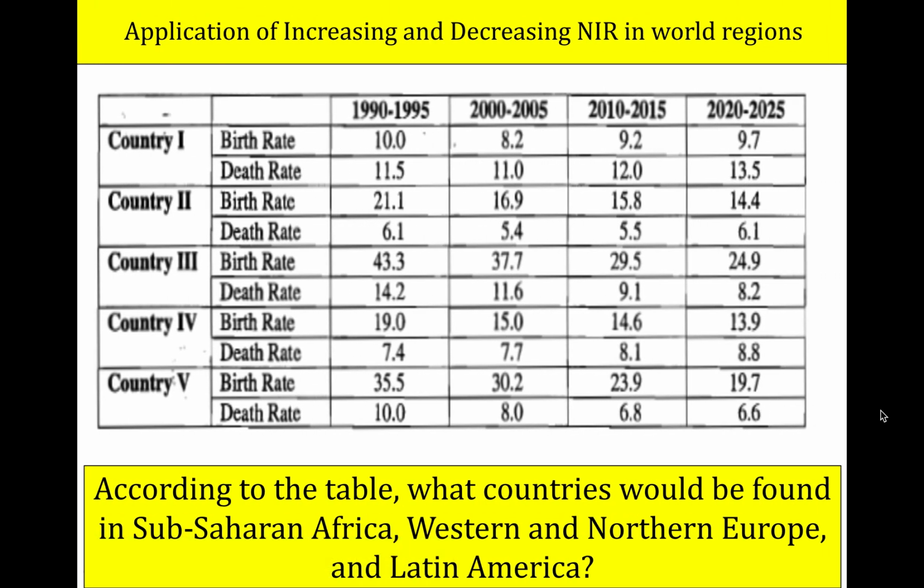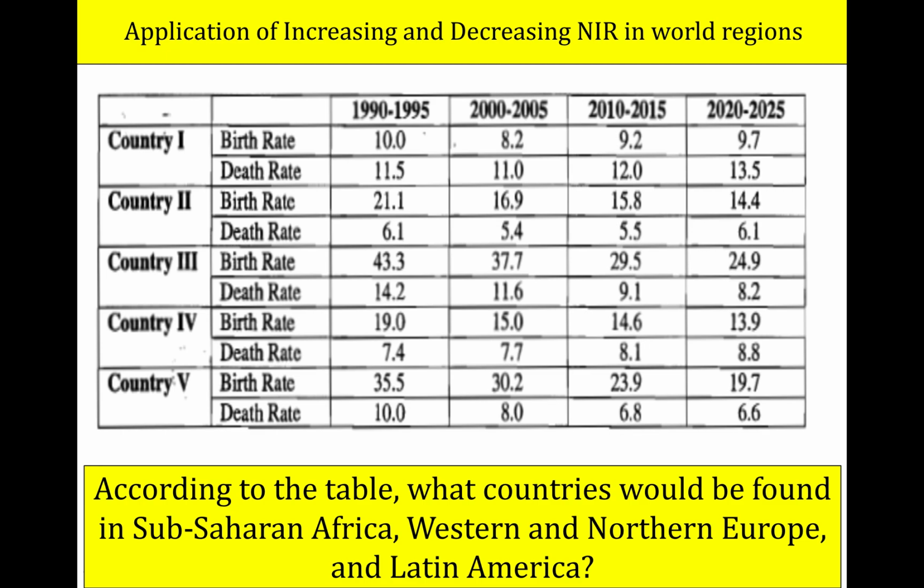All right, let's take a look at this table, and we can see which countries would be found in sub-Saharan Africa. If you looked at country 3, that would be sub-Saharan Africa. What countries would be Western and Northern Europe? Those would be the lowest natural increase rate. Sorry, I've got to look at the birth rate.